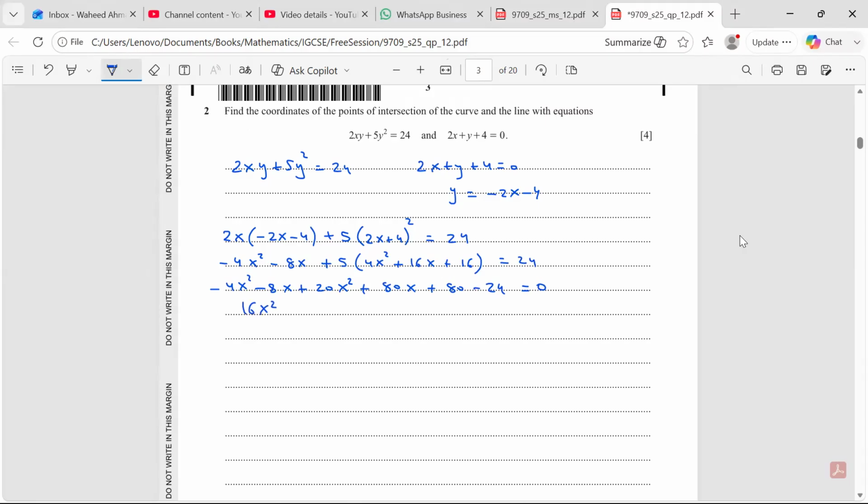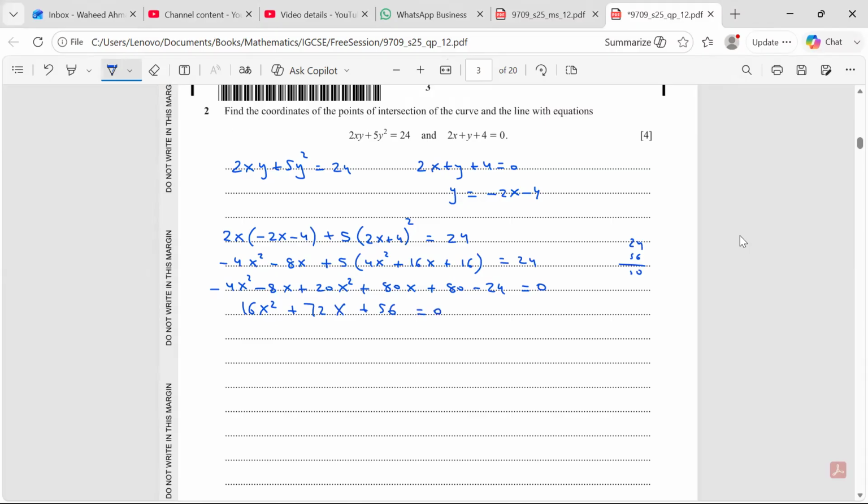And then I have 80x minus 8x. It will become 72x. Okay. And the constant term is 80 minus 24. So 80 minus 24 will be 56. Right? So 16x squared plus 72x plus 56 equals 0.